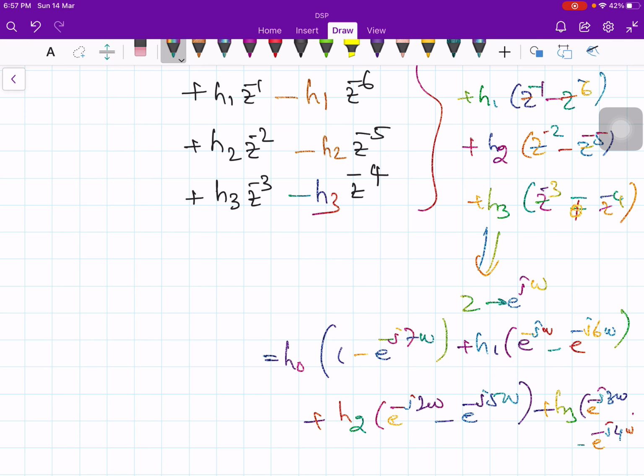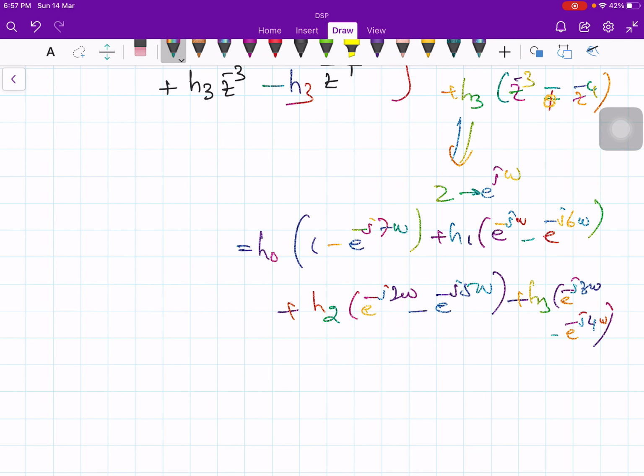Now in this you can take e to the minus j 7 by 2 omega commonly outside.